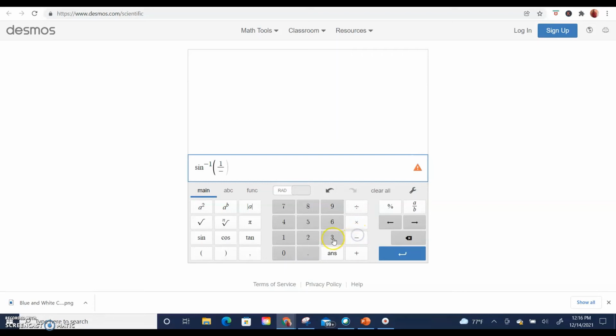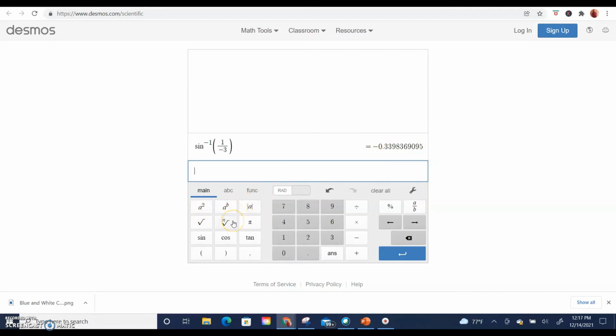So we will put 1 over -3. I'll go out of my fraction and close the parentheses and hit enter, and you can see that the inverse cosecant of -3 would be -0.33983369095. This would be my answer right here, okay?